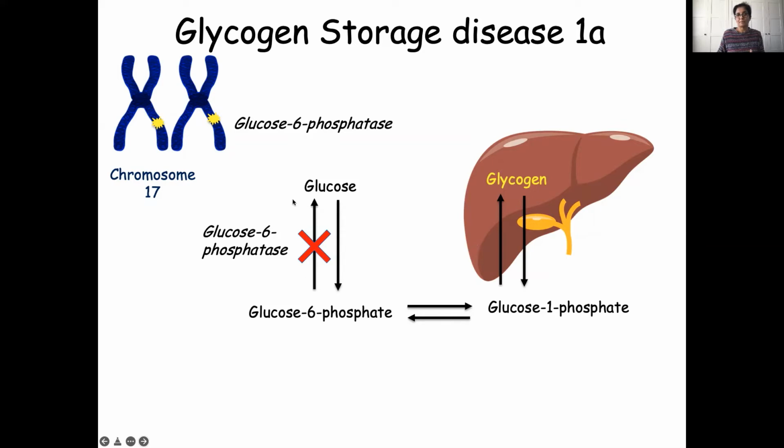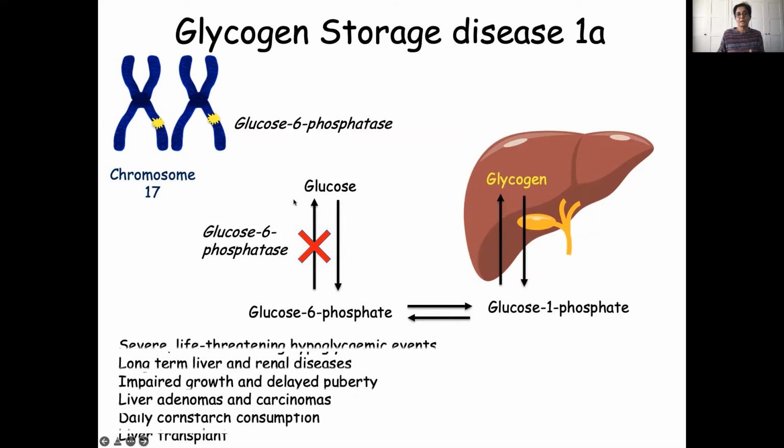And that's what happens in this disease. That means there are severe and life-threatening episodes of hypoglycemia, low glucose level, which can lead to long-term diseases like liver and kidney diseases. With other multiple factors, it leads to liver adenomas and carcinomas.